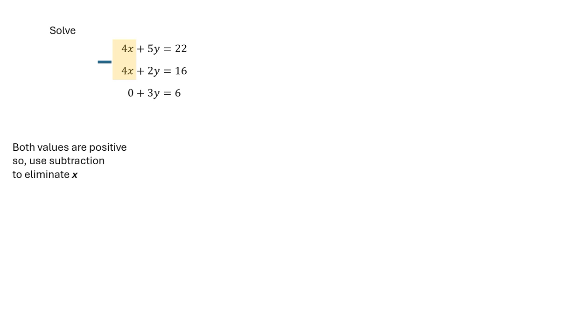Leaves us with 0 plus 3y equals 6, y equals 2. Once again, we'll plug in the 2 for y into one of the equations and solve for x. Gives us a value of 3, so we have a point of intersection of 3, 2.